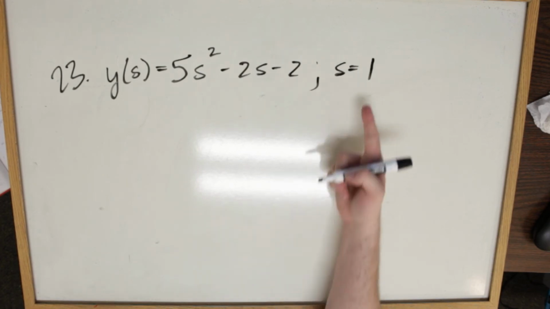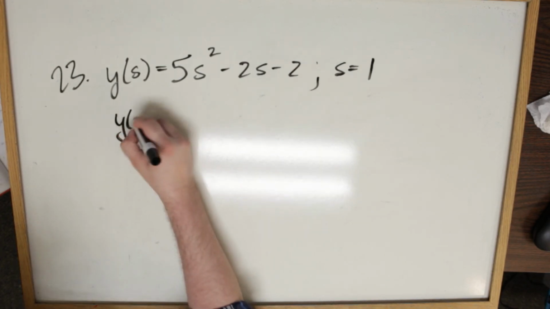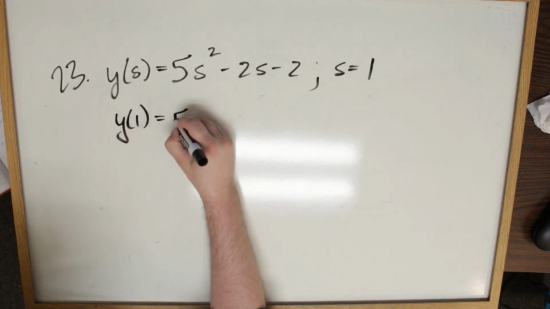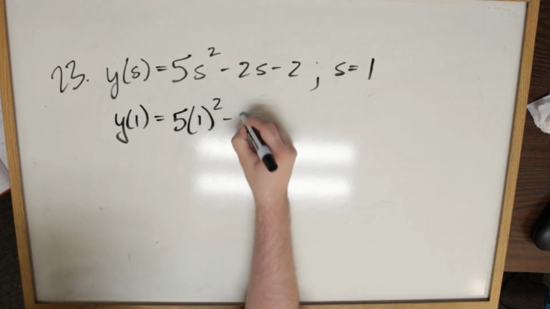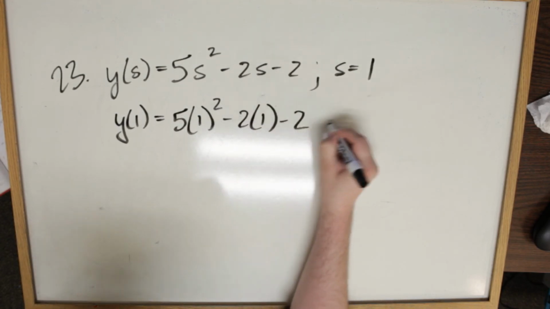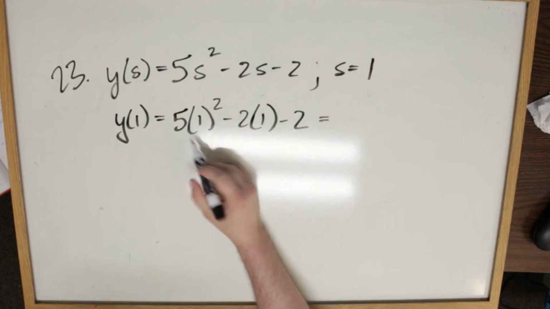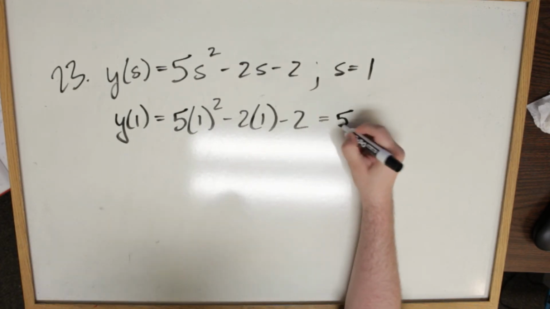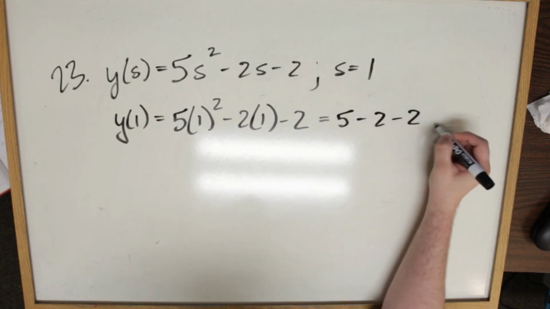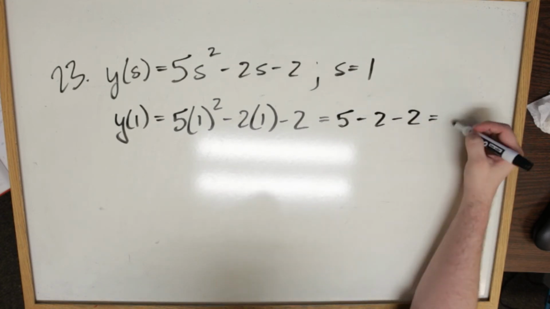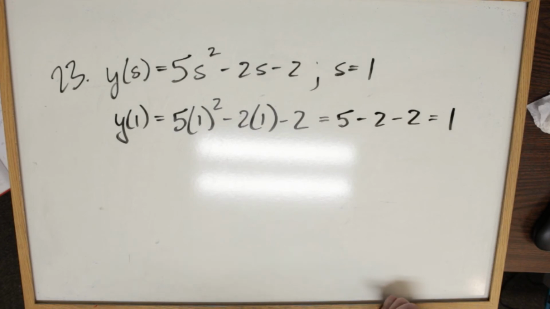Now we're going to substitute in. Y of 1 is equal to 5 times 1 squared minus 2 times 1 minus 2. What does that equal? 5 minus 2 is 3, minus 2 is 1.